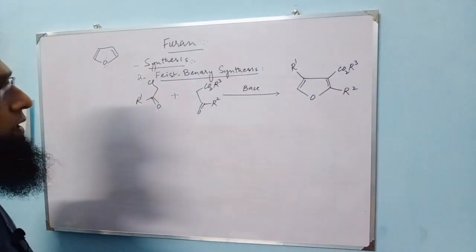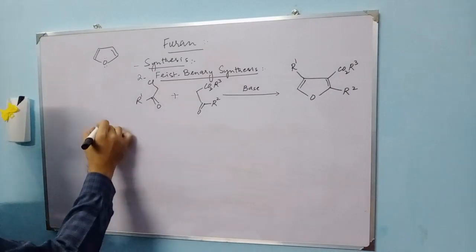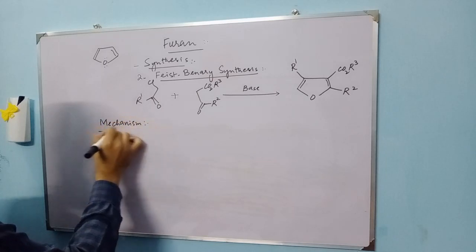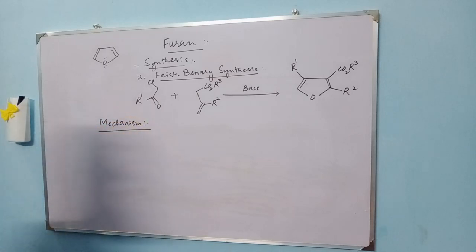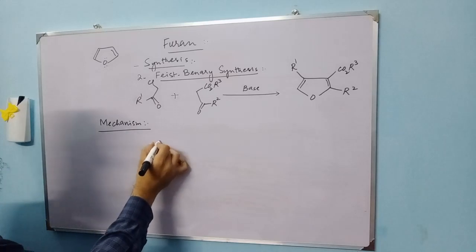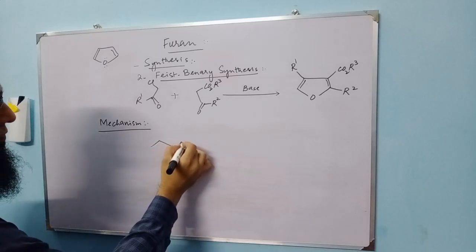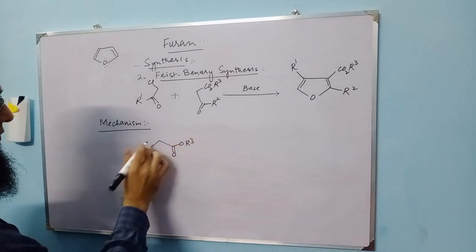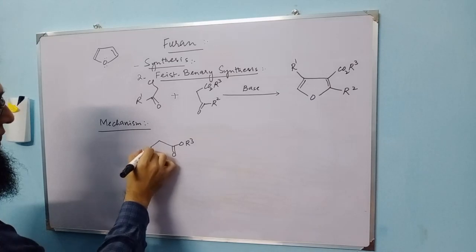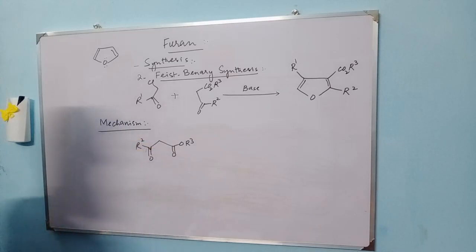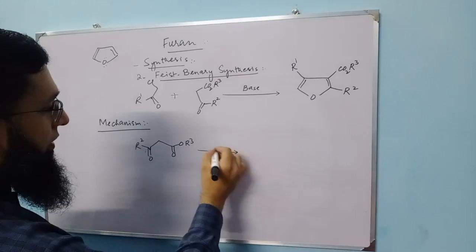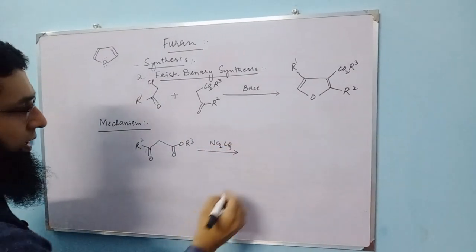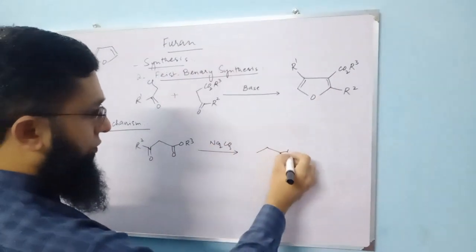we can get this. Now we see the mechanism. In the first step, beta-ketoester reacts with base sodium carbonate and enolate is formed.